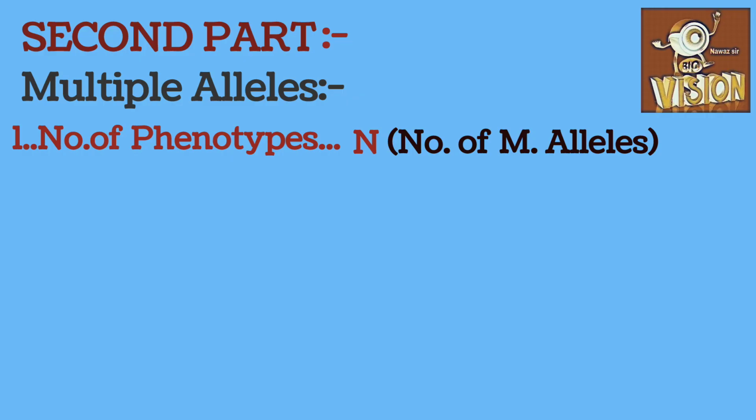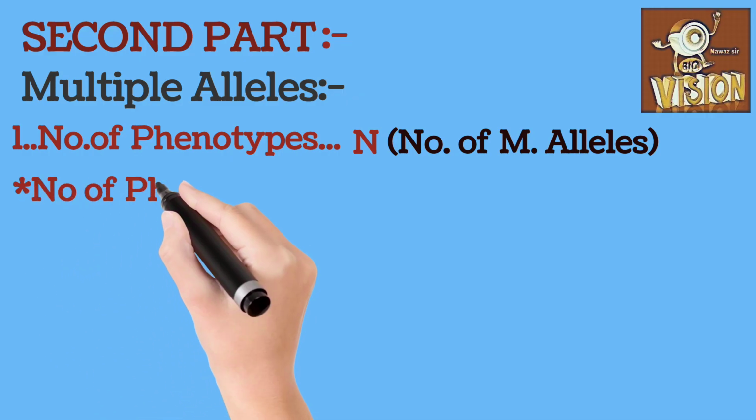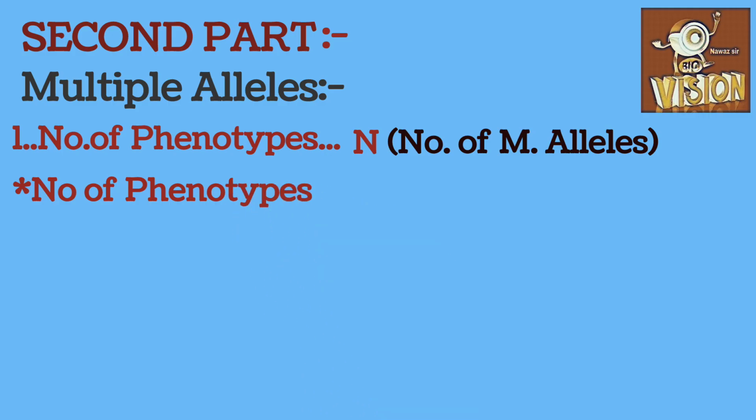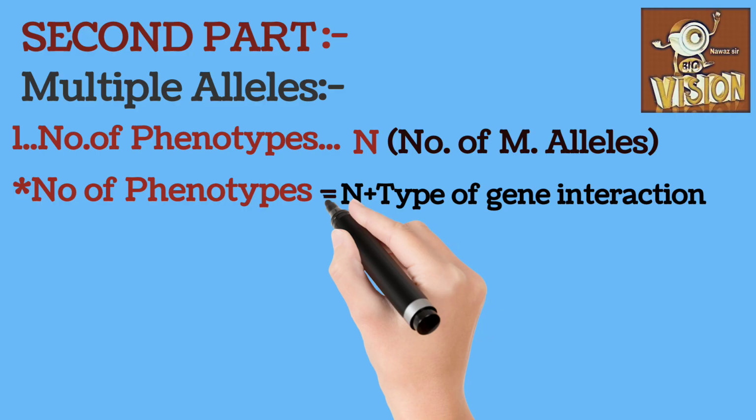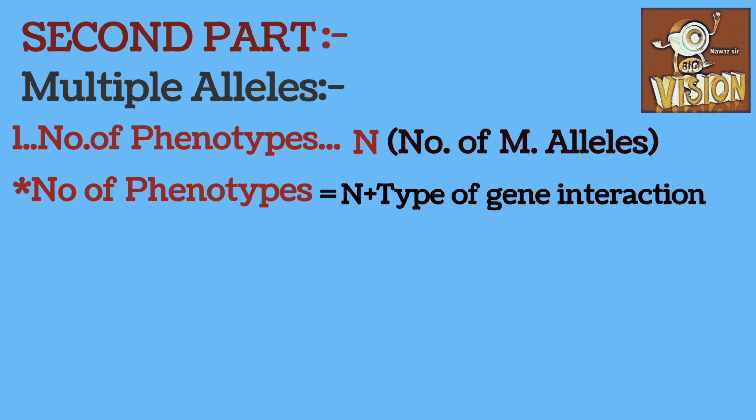We have one more formula to calculate the number of phenotypes when there is a gene interaction between multiple alleles. The formula is N plus the total number of gene interactions. Here the gene interactions we consider are incomplete dominance and codominance.